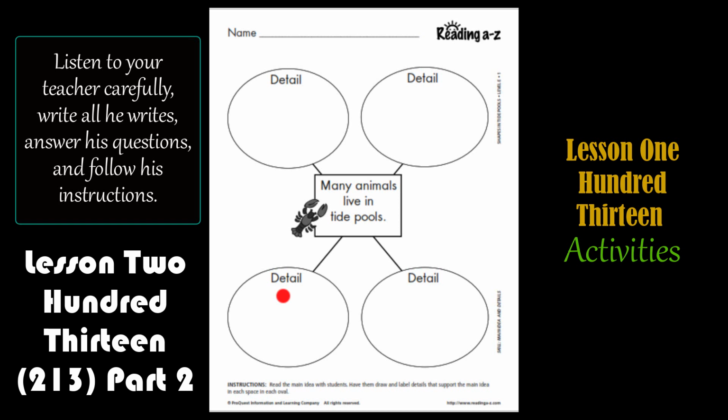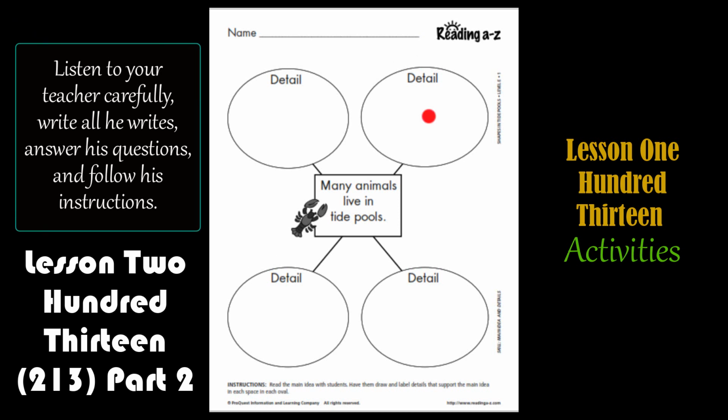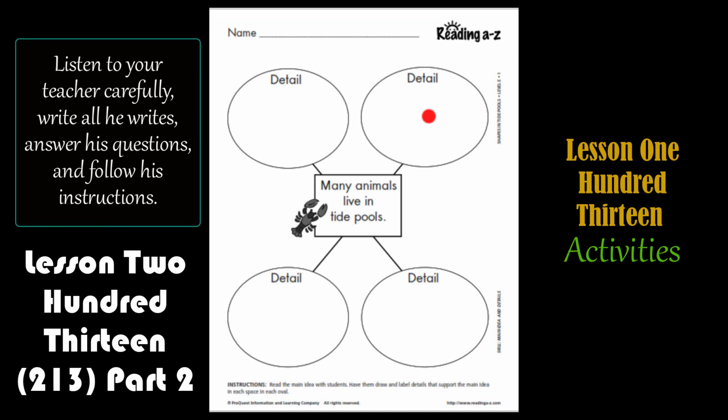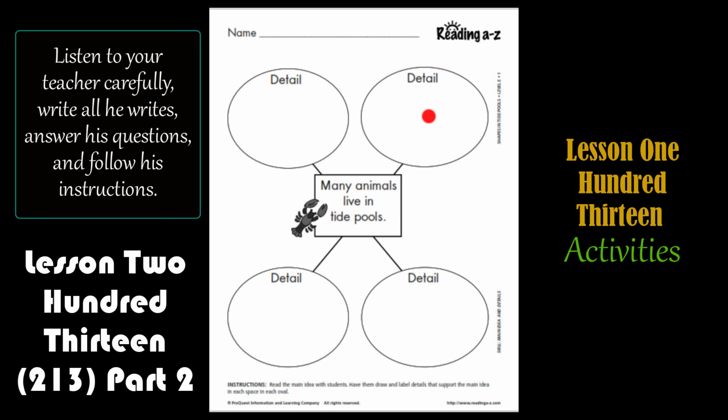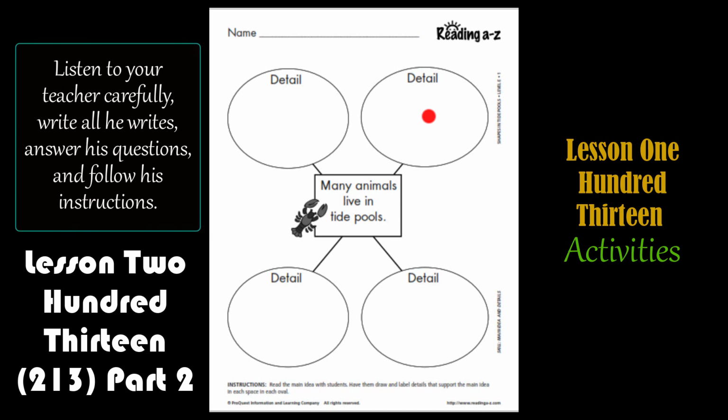That's all about it. You can either pick 4 animals from the lesson or search in the web, for example, or in any books, what other animals live in tide pools. Got it? Let's do it.